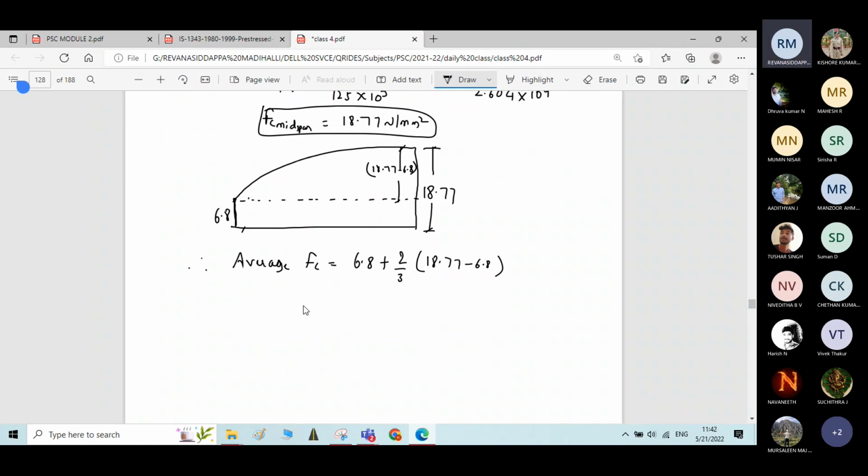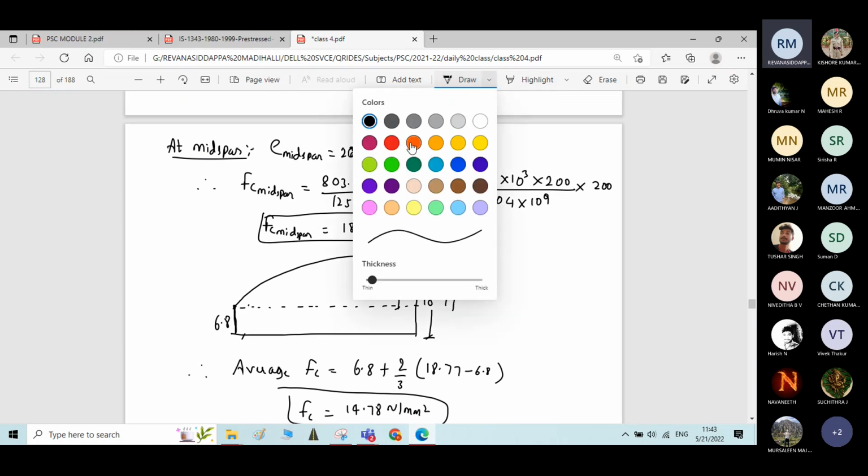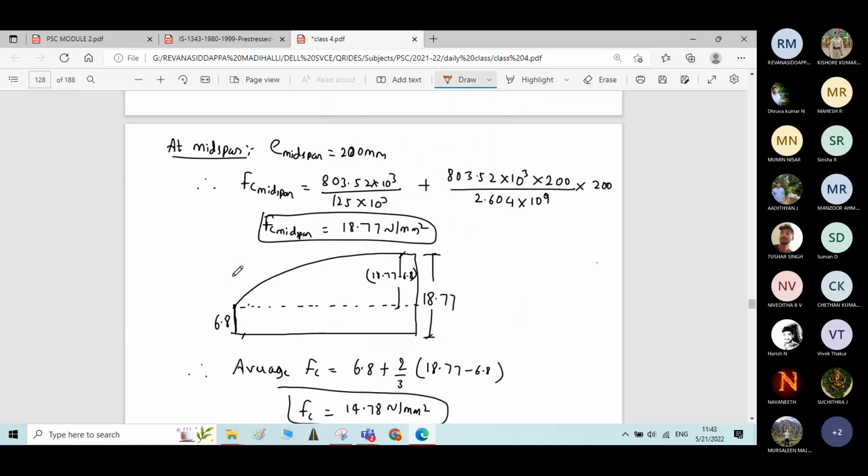So average FC, if you calculate, you'll get it as 14.78 Newton per mm square. 14.78 Newton per mm square means you have converted this parabolic variation into a uniform variation, having the constant stress distribution of 14.78 Newton per mm square throughout the length.